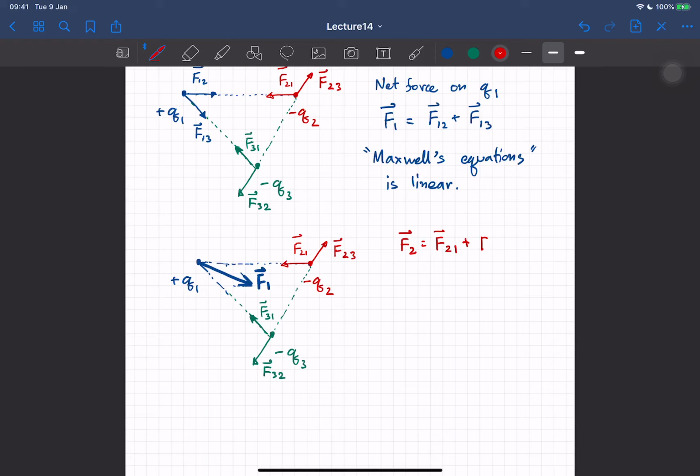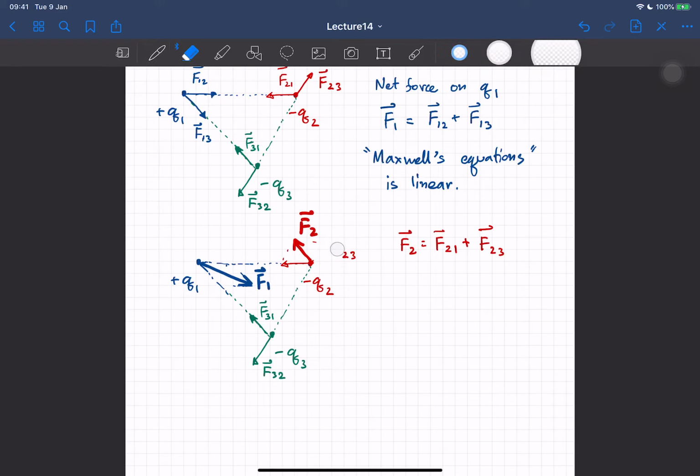So in this case, there are two of them, F21 and F23. And you have to add them again using the proper vector addition method. So in this case, it's going to be this diagram, and it's going to be pointing that way. Okay, so clean this up a little bit. So the force is going to be going that way. So that's going to be F2.